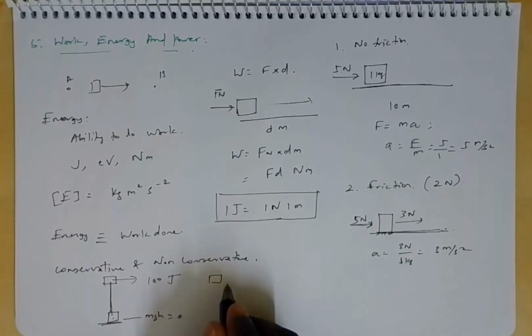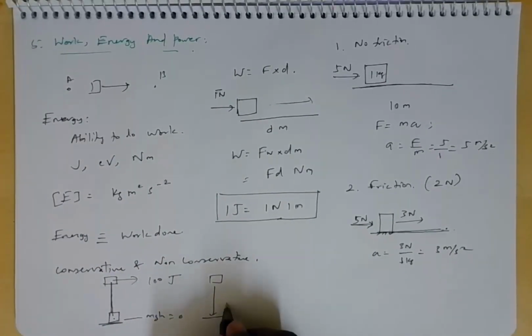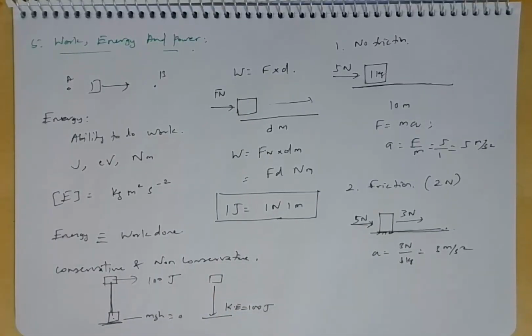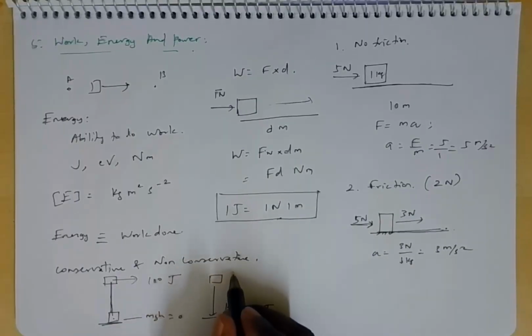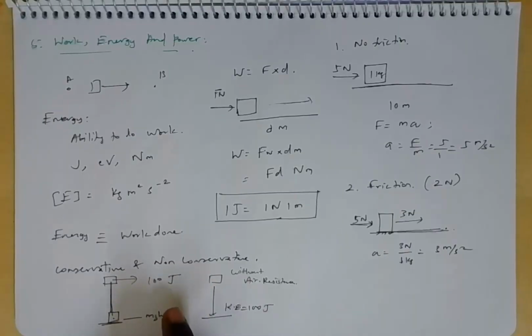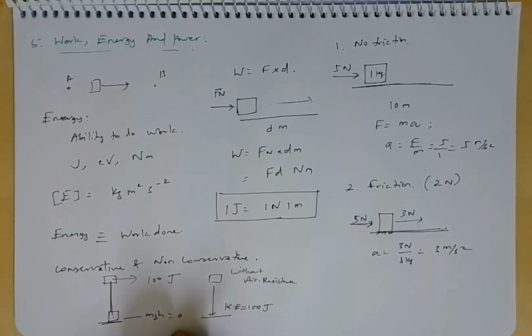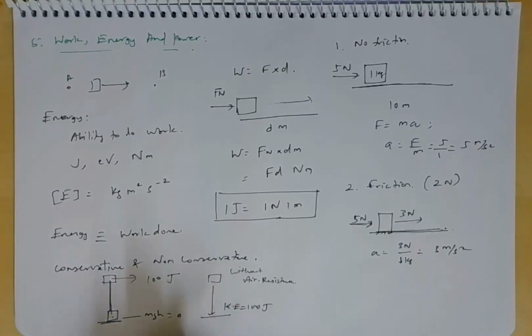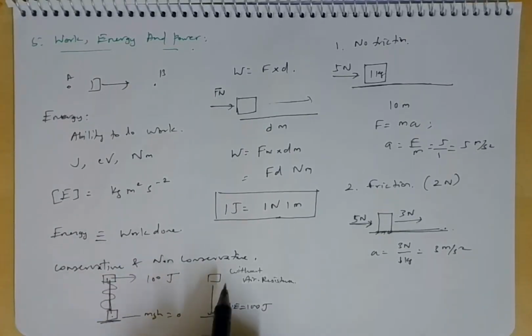If you drop the object, it will reach the ground with kinetic energy of 100 joule. This is without air resistance. Then we call this a conservative force, because it doesn't matter which way you move this. When you drop it, you will still get 100 joule.